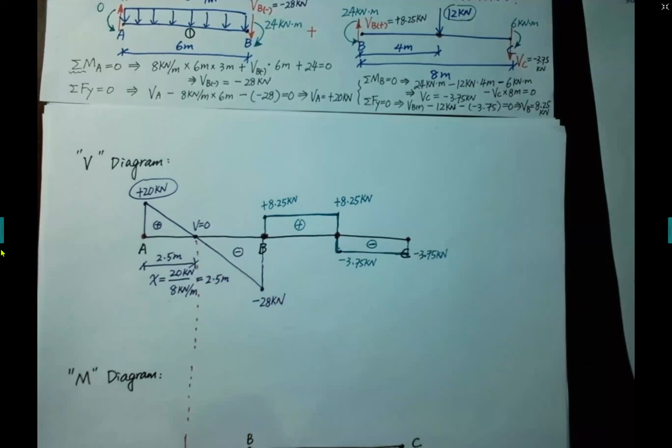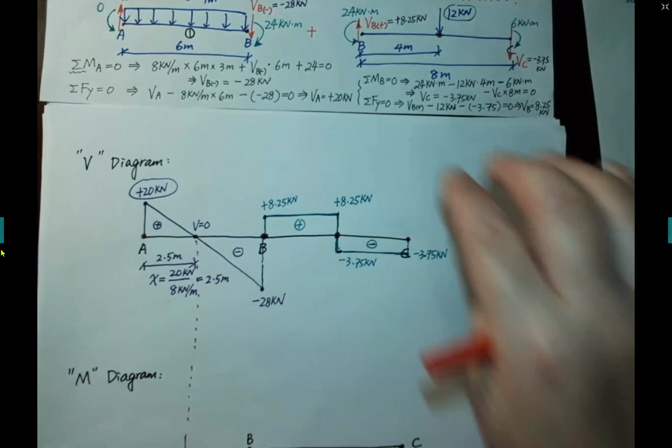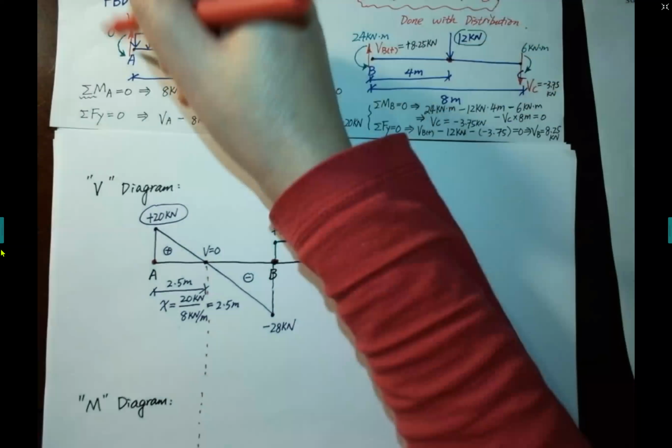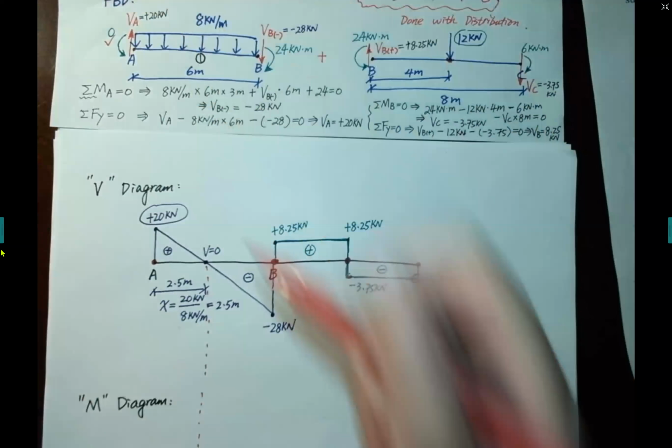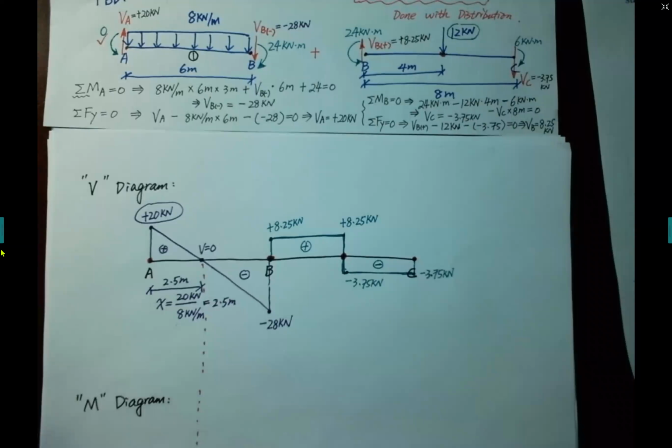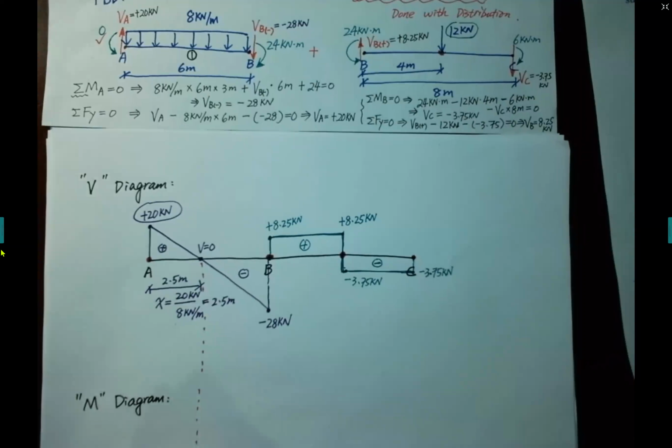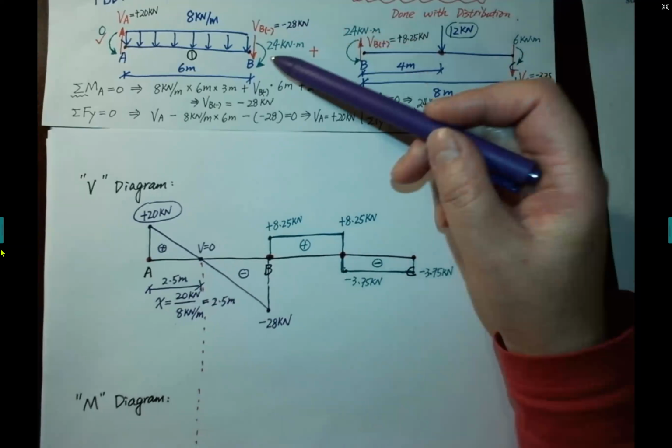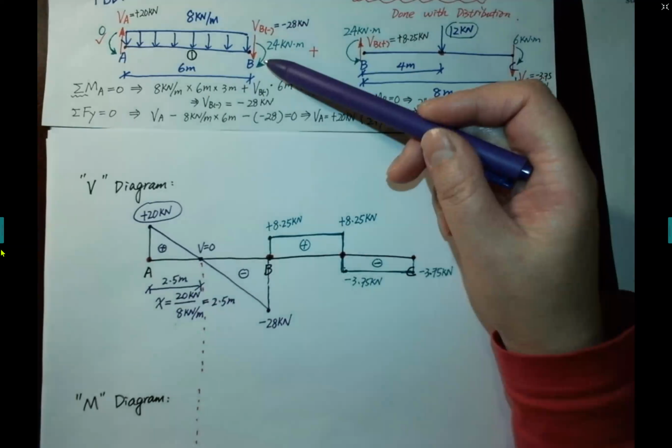At A, we already know that the moment at A equals 0 right here. And at B, we already know that the B side is 24.